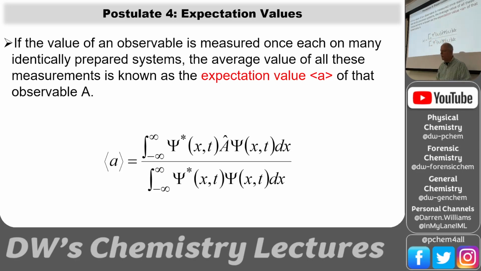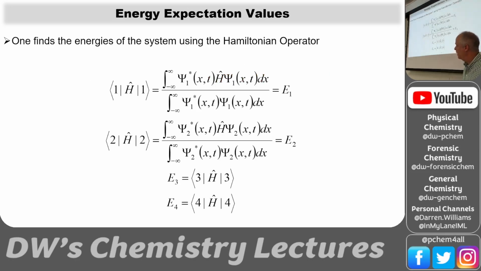That's another way to write the Schrodinger equation. And then if it's not normalized, you can divide it by the normalization constant and it'll correct for non-normalized wave functions. So these are the expectation values of our energies written a different way. So that's the energy of quantum state 1, quantum state 2, quantum state 3, quantum state 4. So this is another way to write the Schrodinger equation. That's all.